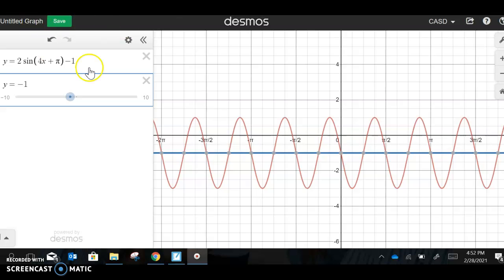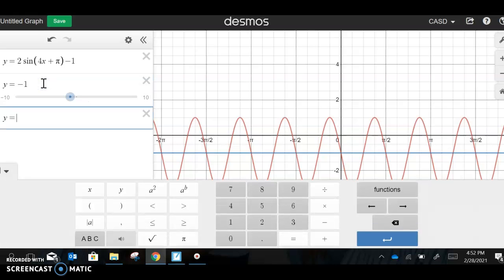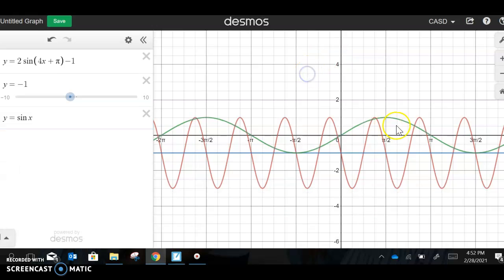Okay, so this is our sine graph. Picture sine when it usually is. Oh, here, let me graph it. If I just graph y equals sine x, okay, let's look at it. You see it? This is y equals sine x, the usual y equals sine. Here's the starting point for sine usually, 0, 0.